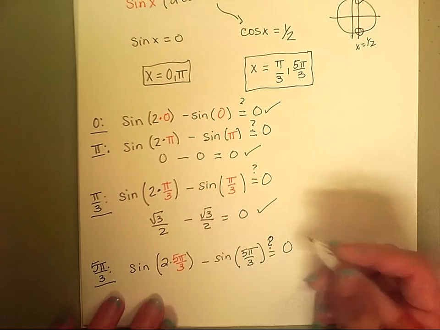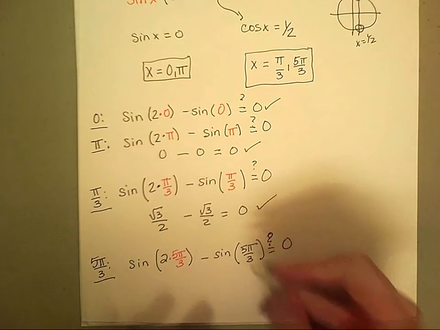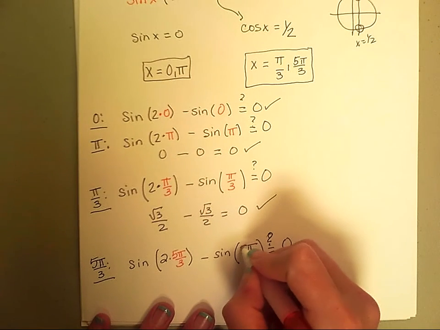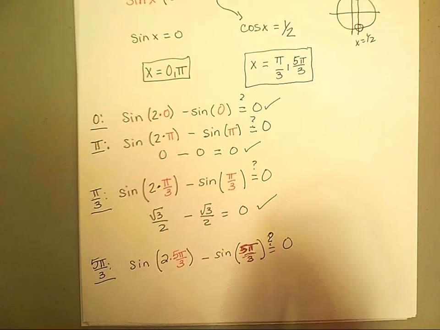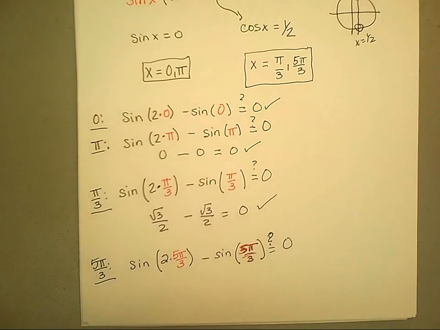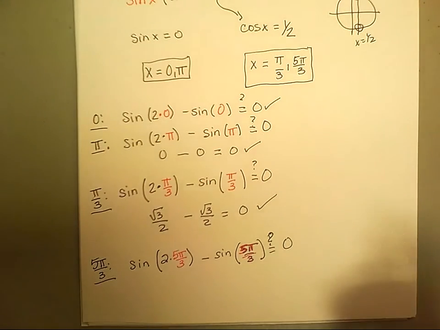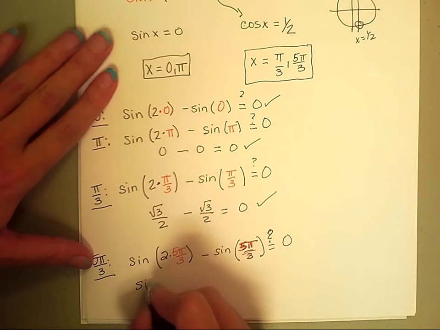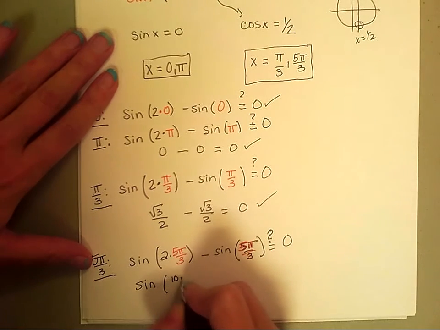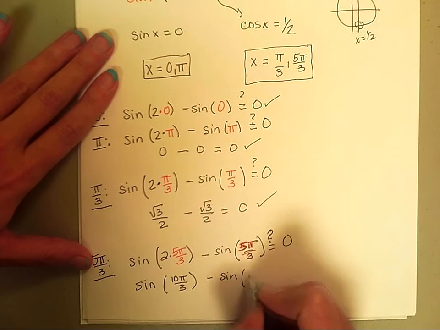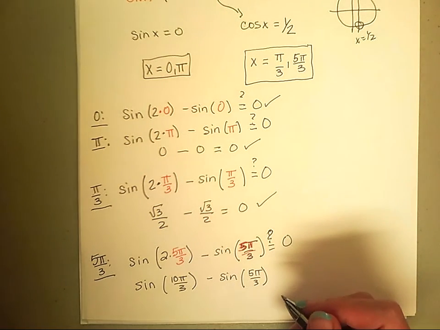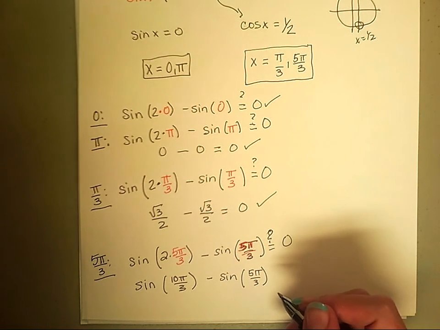Okay. So 5 pi over 3. Yeah, this should have been in orange. So this is the sine of 10 pi over 3 minus the sine of 5 pi over 3. Okay.